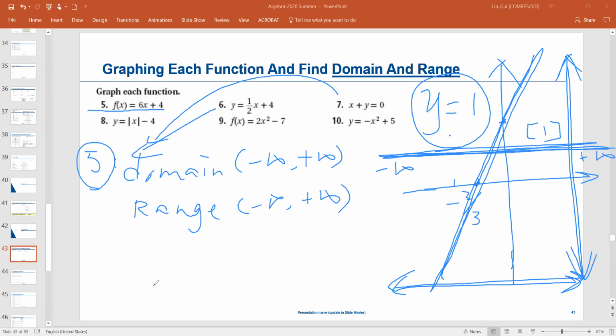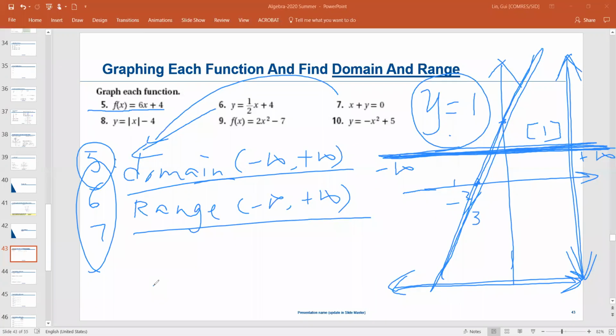The y is not negative infinity to positive infinity. In this case, y only equals 1. The range is y only equals 1. Okay. So 5, 6, 7, their answers are the same. Domain is negative infinity to positive infinity. Range is negative infinity to positive infinity.